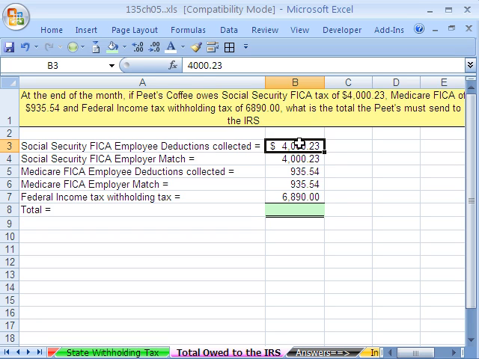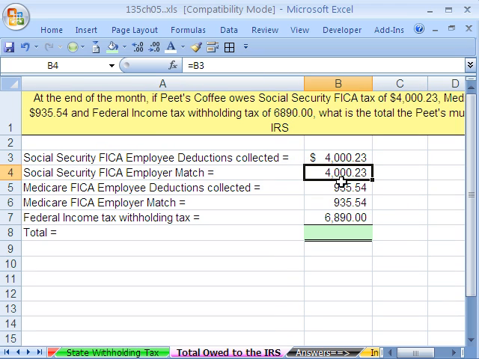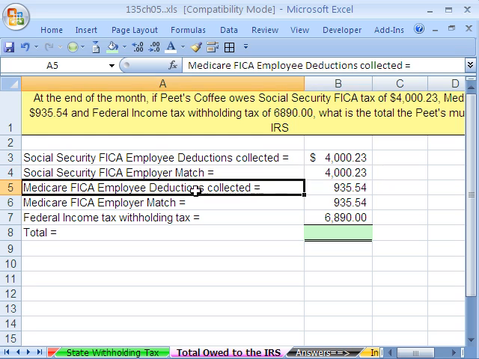They deduct this from the employees' paychecks, and then they have to match it. Sometimes it's a penny off or so, but it's matched in essence. Same with the other FICA. And then here is all of the federal income tax withholding that they've collected. Remember, they take it out of your paycheck, and they're just holding it until they pay later. That's a big service. Imagine if we had to do this on our paycheck each month.